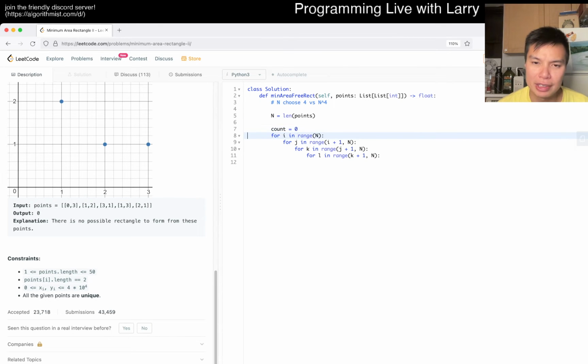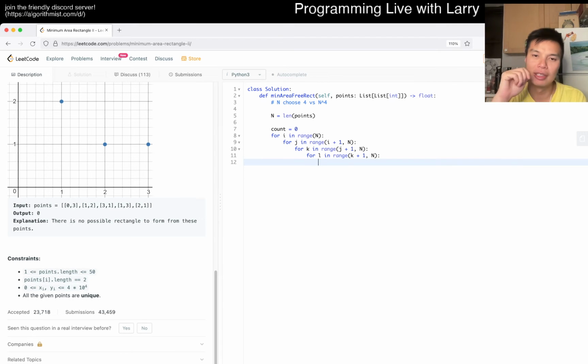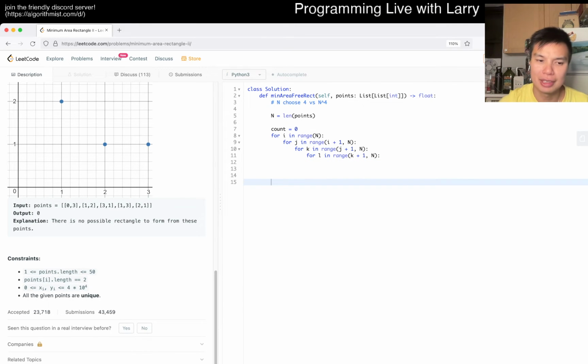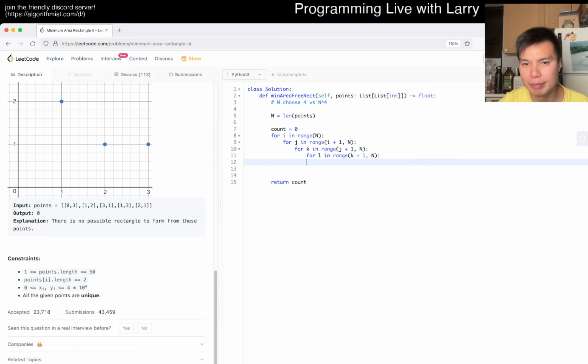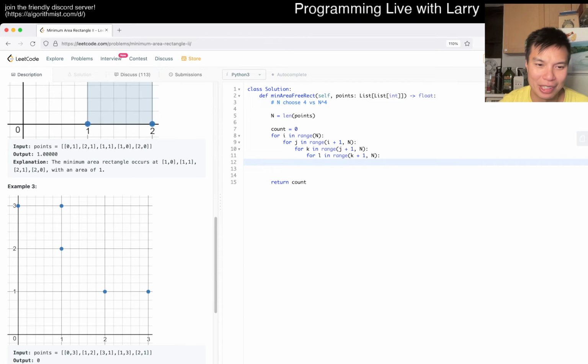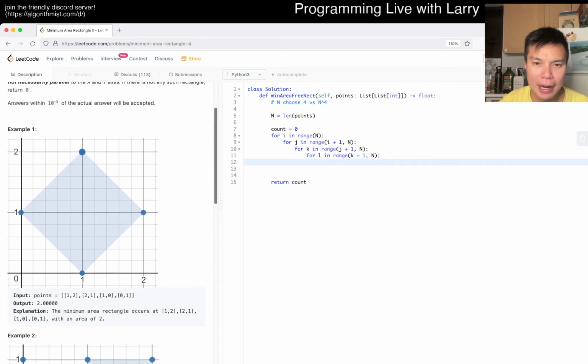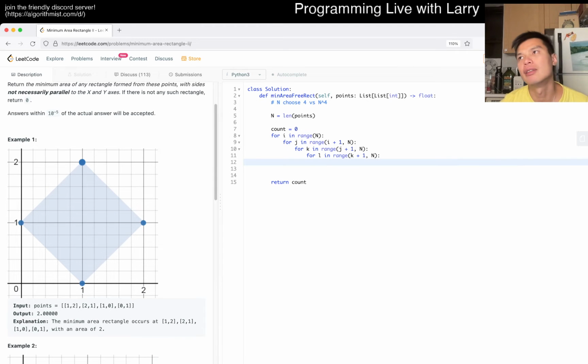But because we do it this way, we have to be careful that we have to try orientations. This is an annoying problem though, mostly because I'm not very good at geometry. But yeah, so what is a rectangle?